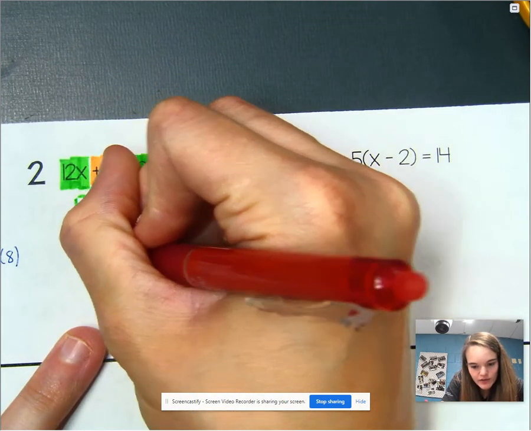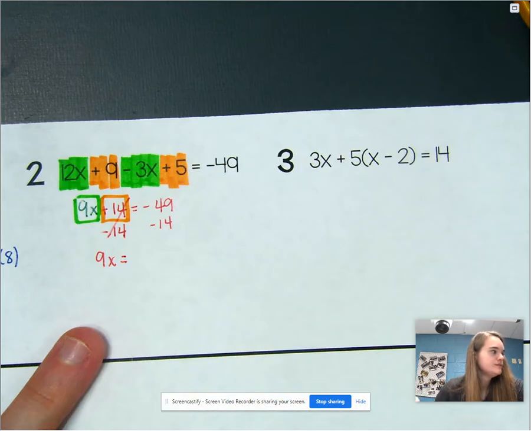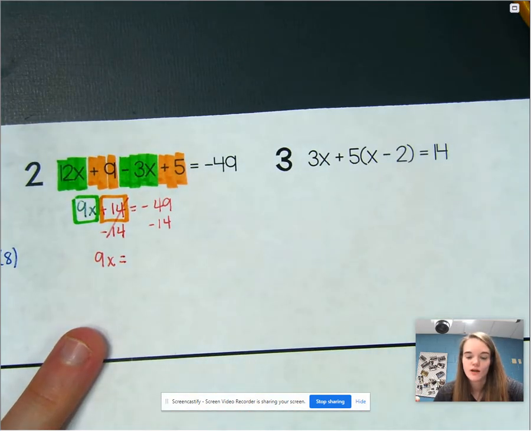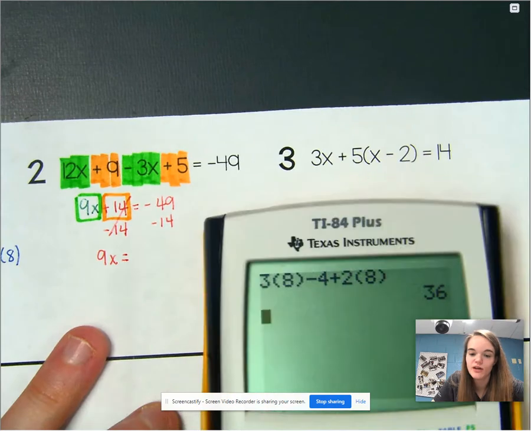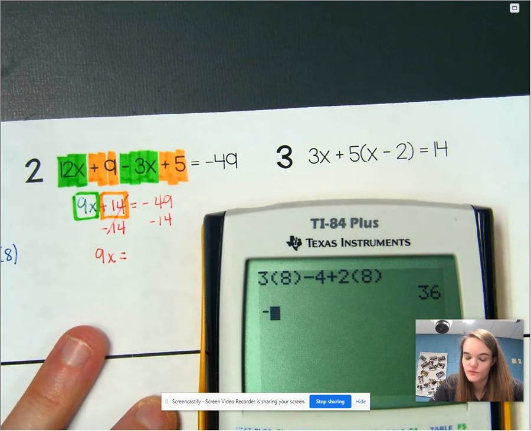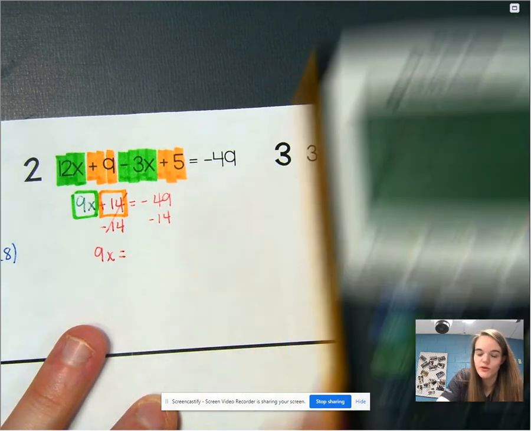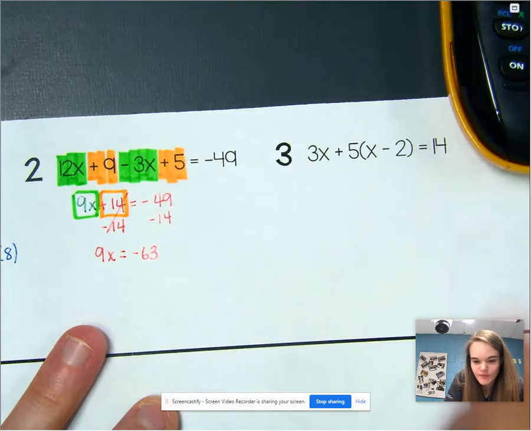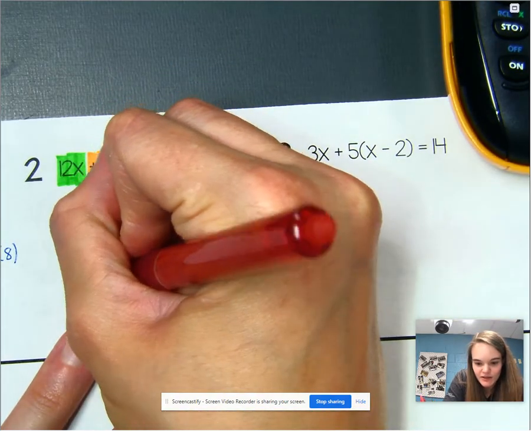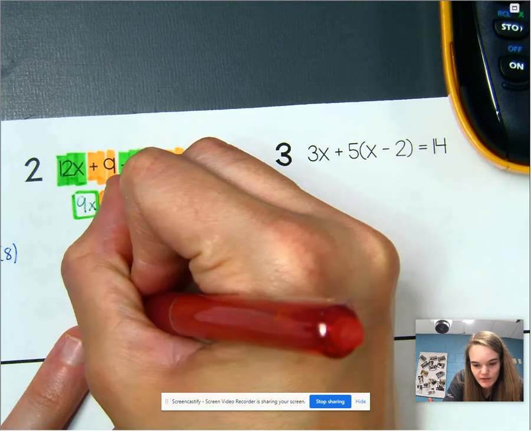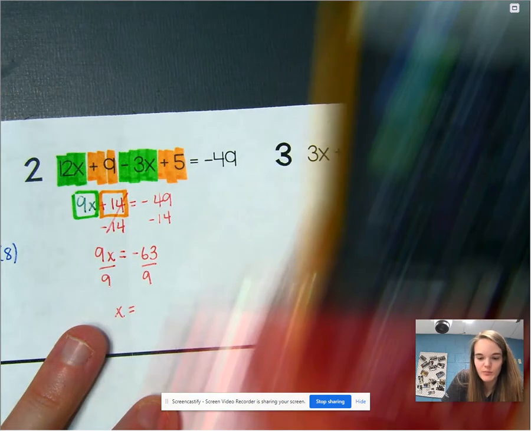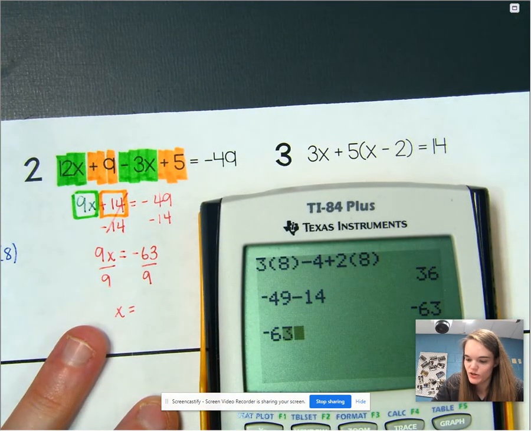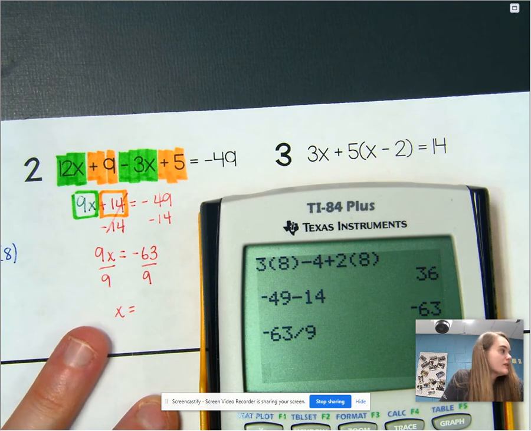So 9x equals, I need a calculator for that because sometimes, like I said, I make mistakes. Negative 49 minus 14 is negative 63. Okay, divide by 9. x equals, and I'm pretty sure it's negative 7, but maybe I should check. Negative 7. Okay.